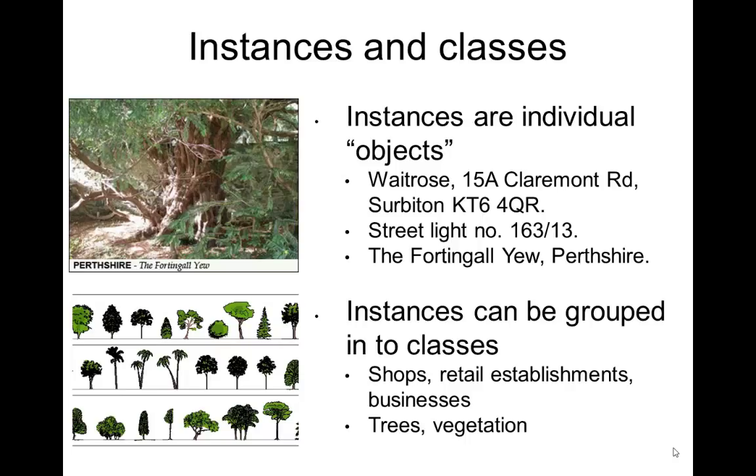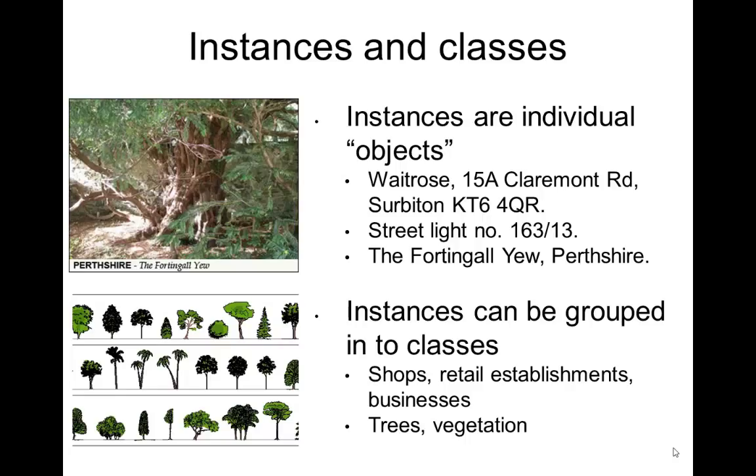So an instance is a specific individual object, or thing in the world. So Waitrose, 15A, Claremont Road, Surbiton, is a specific branch of a supermarket that happens to be in Surbiton.